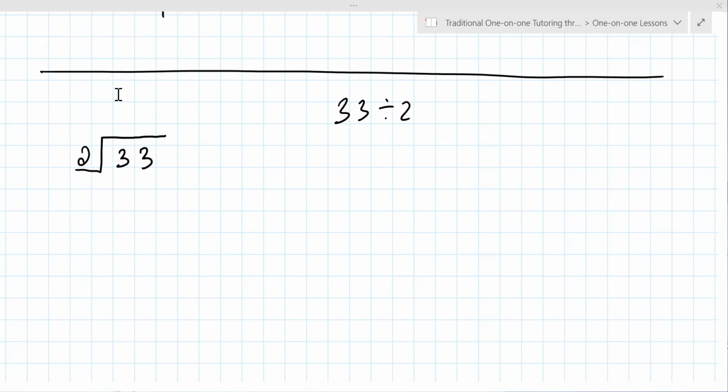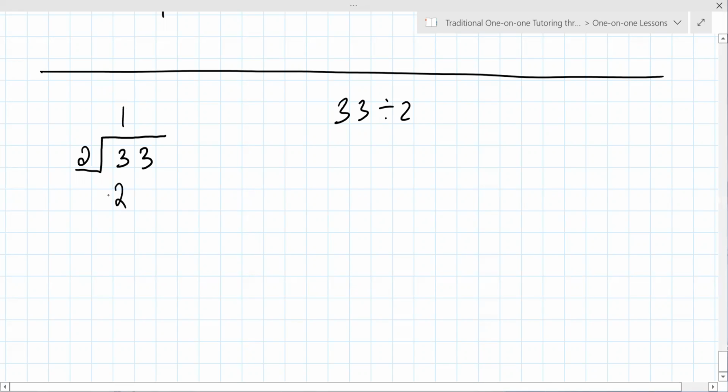Okay, so it definitely goes in there one time. 1 times 2 is 2. Then you subtract. 13.